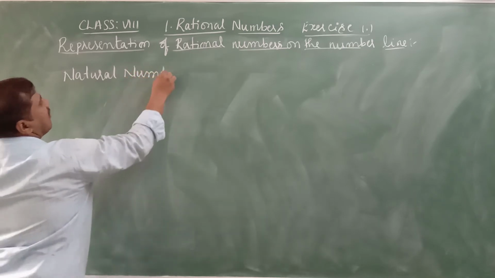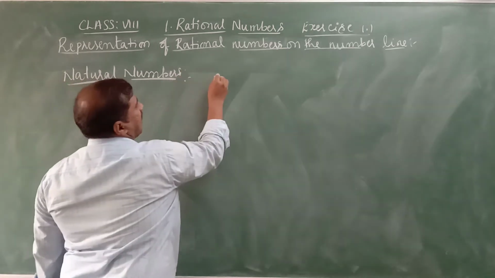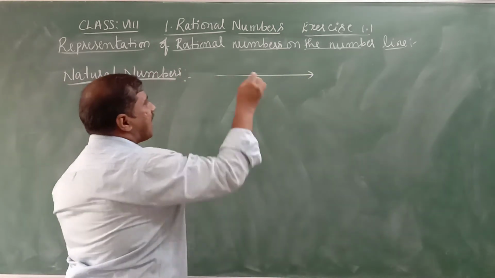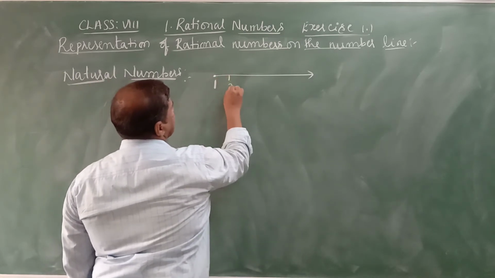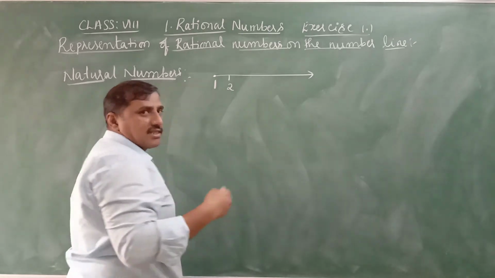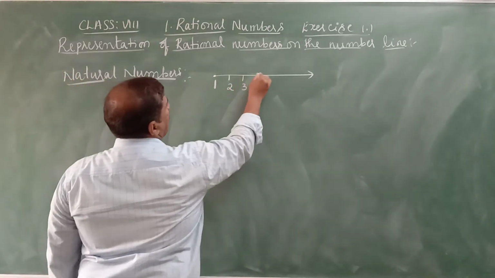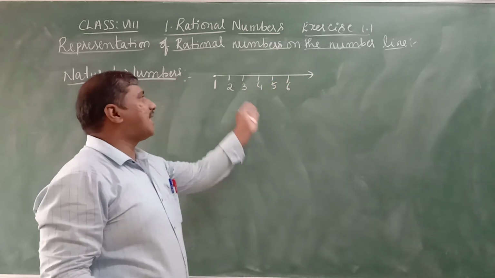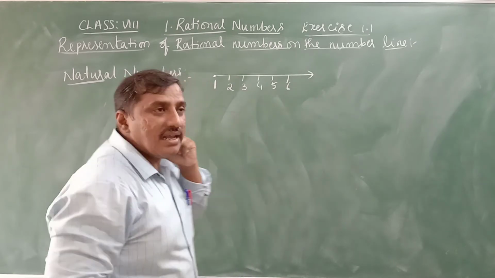We will draw a horizontal line, like this, which extends endlessly in one direction, that is, to the right side of 1. This is 1. At equal distances we represent the next natural numbers 2, then 3, 4, 5, 6 and so on. So the line extends to the right side of 1 indefinitely.